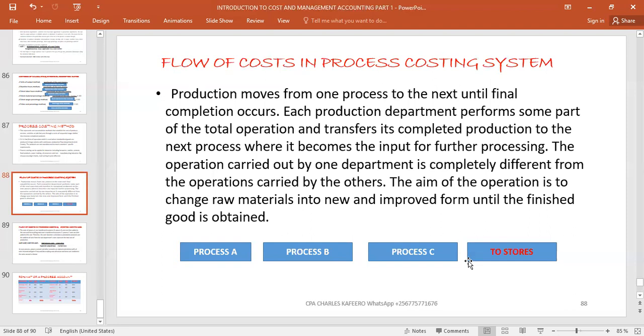So having known that we've got the units and we've already calculated the costs we've incurred in the production of those units that have moved out, we witness some effects.